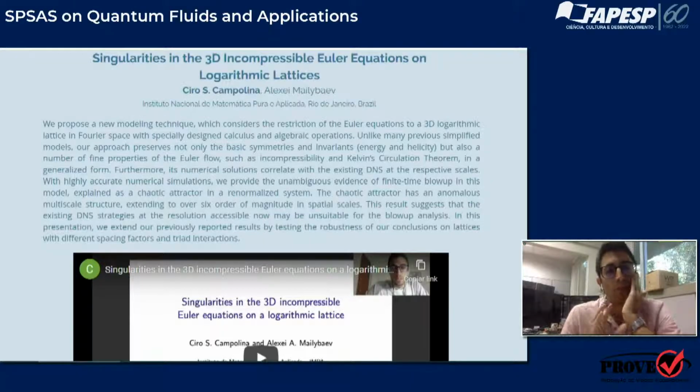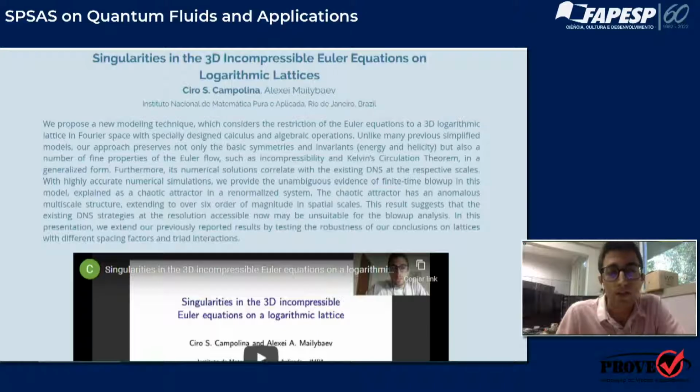The problem we address is the blow-up problem in the three-dimensional incompressible Euler equations. It's a long-standing problem, completely open, about finite time singularities in this system, and it's completely related to the development of turbulence.